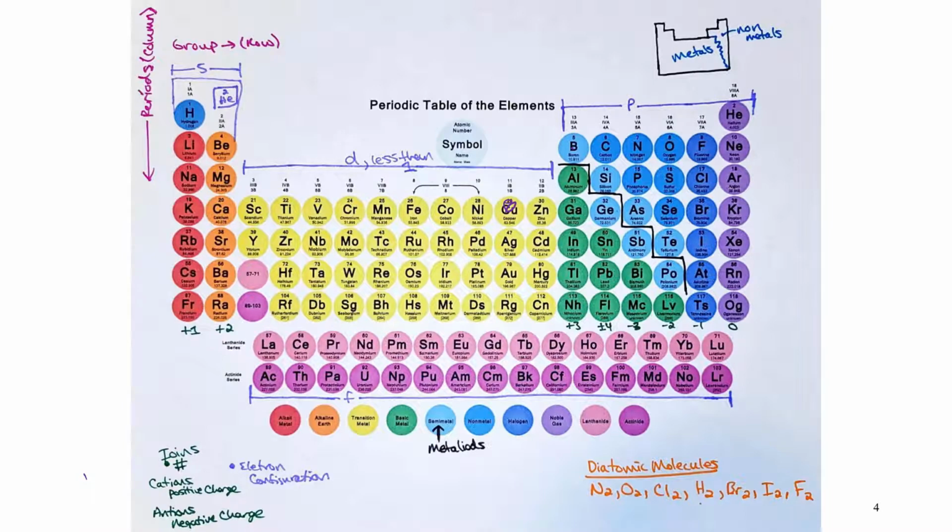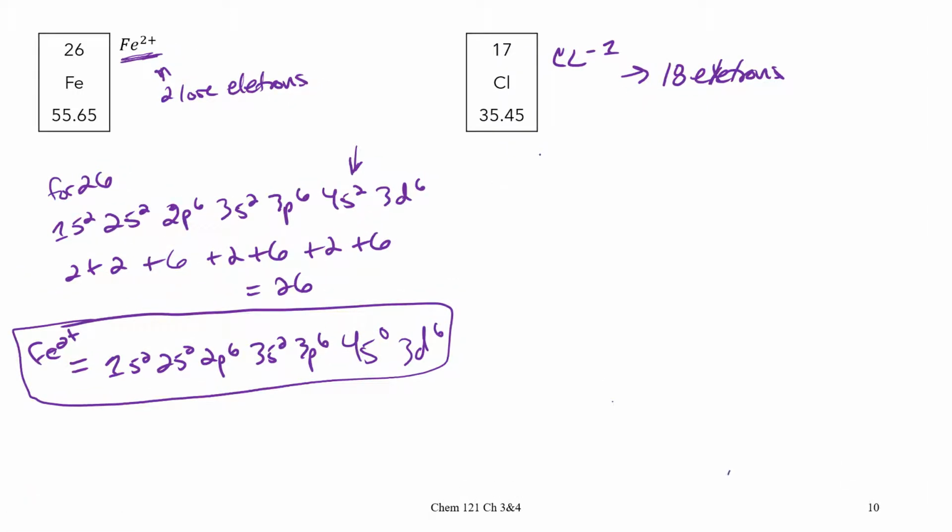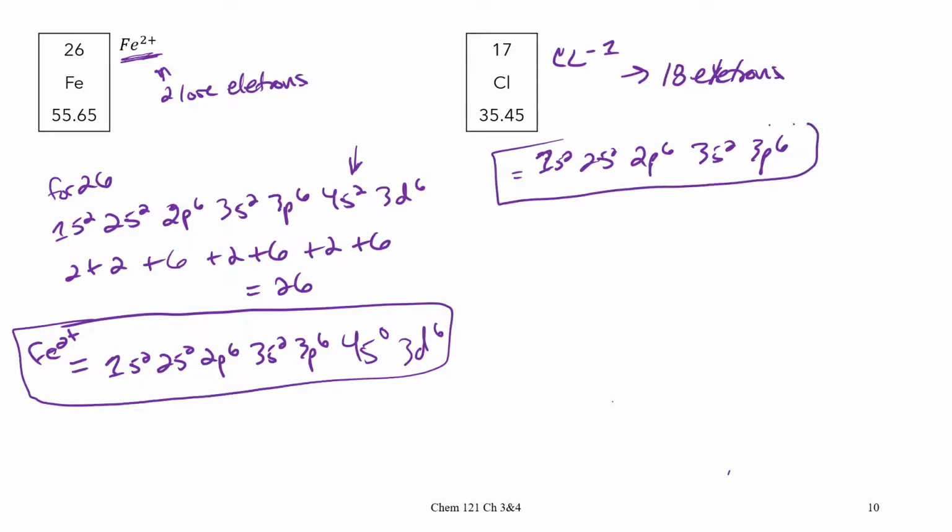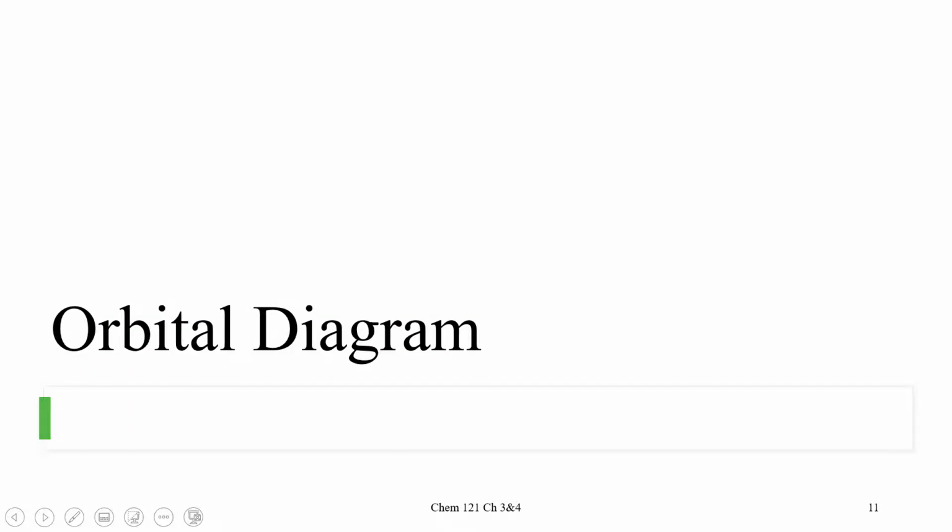So we're going to do the electron configuration for argon in this case. So our answer would be 1s2, 2s2, 2p6, 3s2, 3p6. If you add those exponents together, you will get the 18 that you need. So next, we're going to look at orbital diagrams.